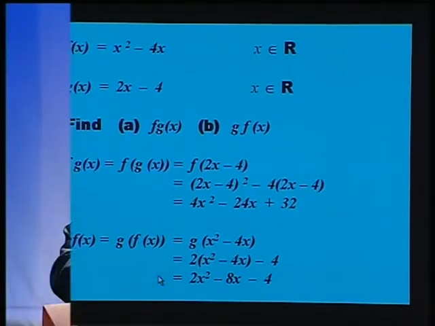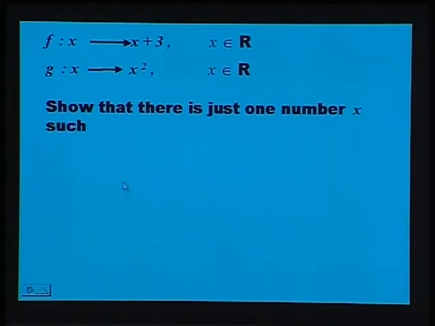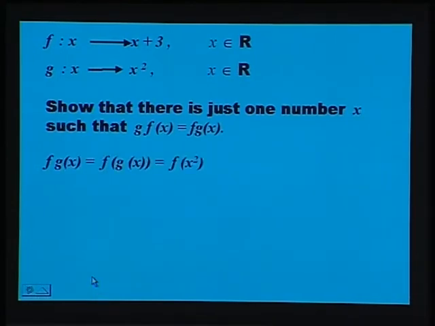We'll take another example to illustrate how to combine two functions. Consider the function f(x), which maps x onto x plus 3 for all values of x in the domain of the set of real numbers, and a function g(x) equal to x squared for all x in R. Show that there is just one number x such that g(f(x)) equal to f(g(x)).